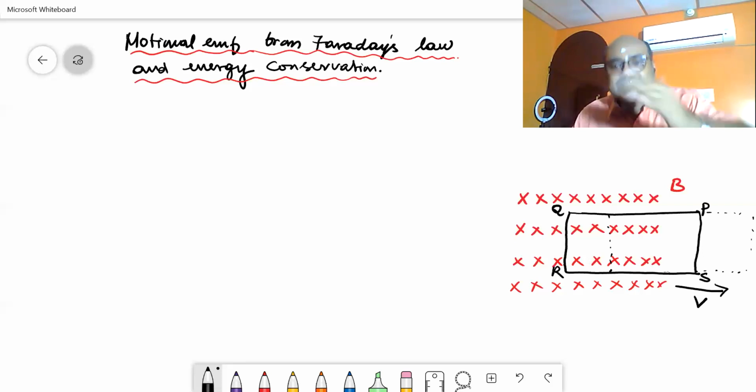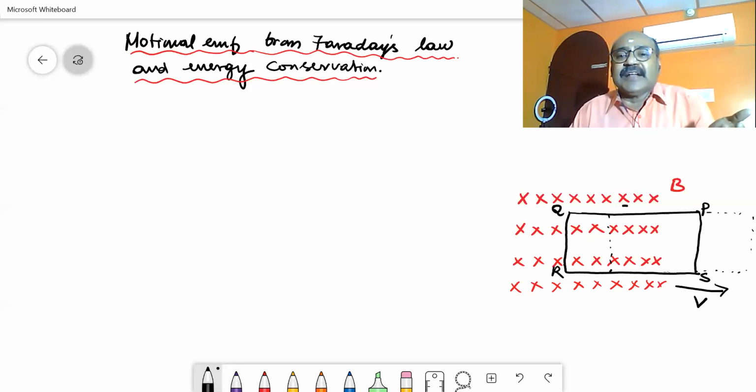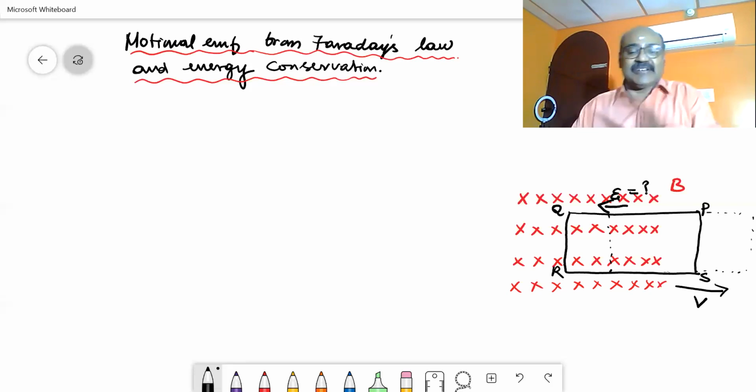That is, there is a change in magnetic flux. Because of that change in magnetic flux, according to Faraday's law, an EMF will be developed. That EMF developed will be, according to Lenz's law, in the opposite direction. You have to calculate that EMF developed due to the change in area. That is how you can get the motional EMF from Faraday's law.